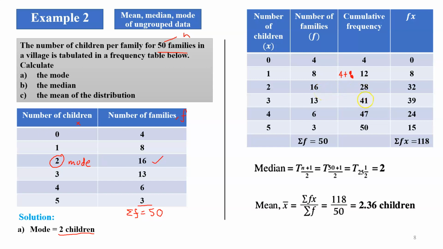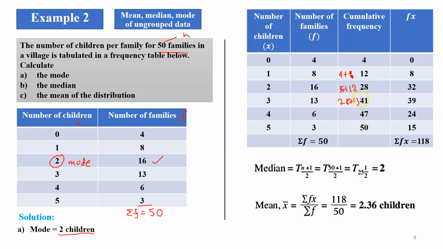And then how do I obtain 41? 28 plus 13, you get 41.